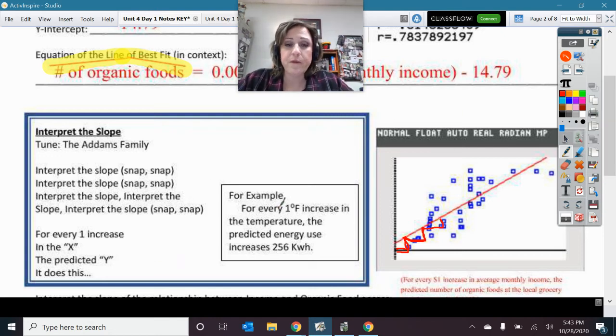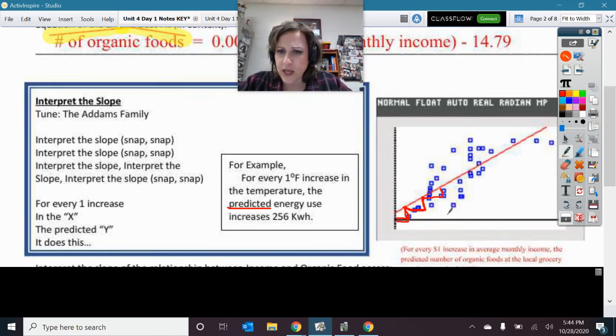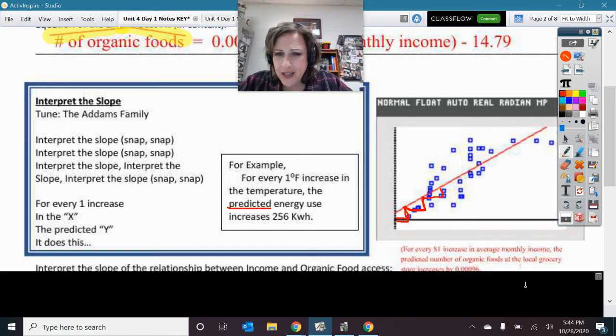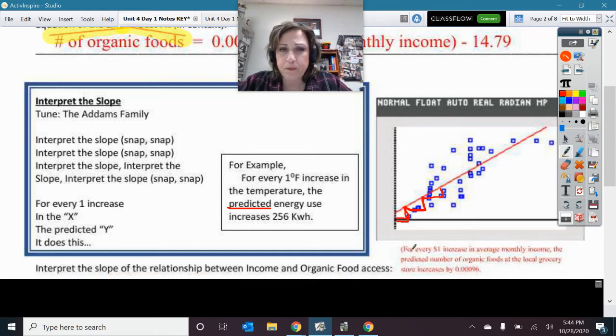Here's an example. For every 1 degree increase in the temperature, the predicted energy use increases. The predicted energy use, not the actual energy use. It's predicted that the energy use increases 256. Okay, so this is a weird number, 0.00096. Here's technically how that would play out.